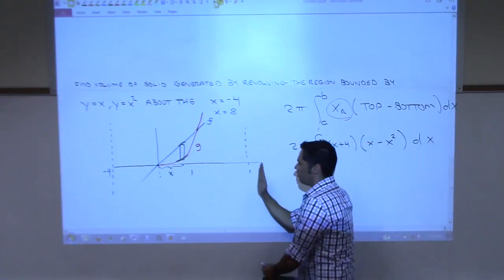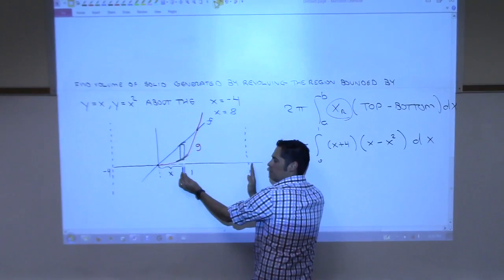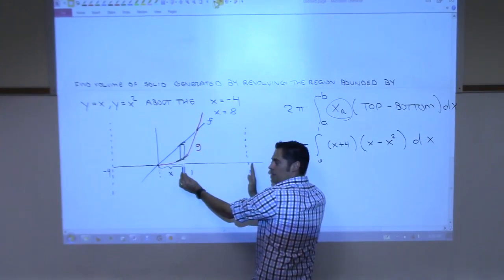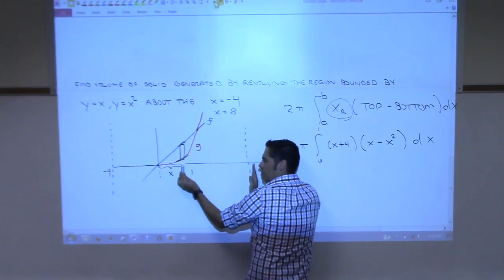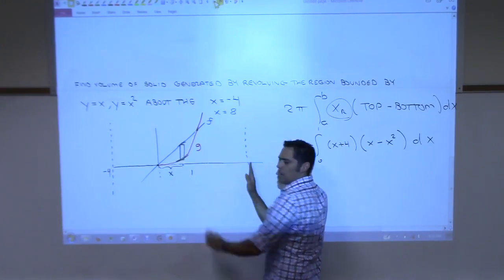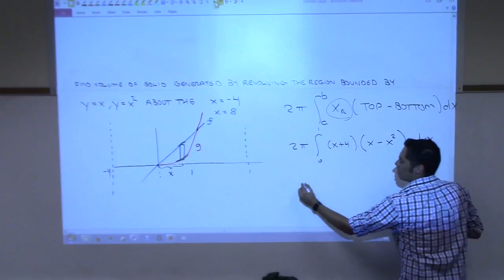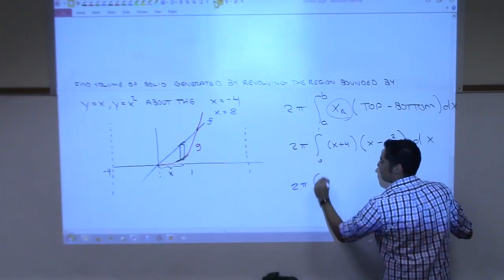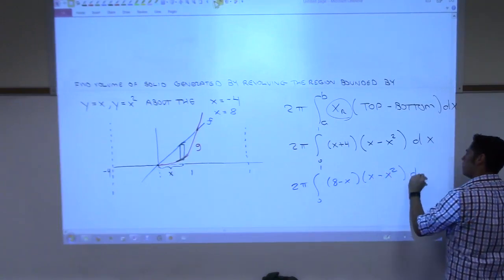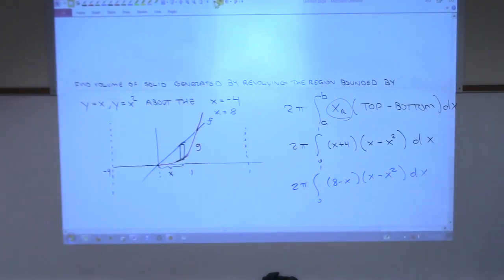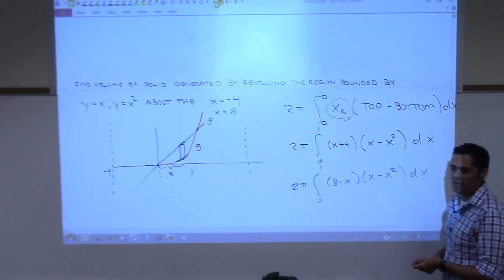So that's the distance from here to here, which isn't x. This is 8, right? Fixed 8. This is x. So from here to here should be 8 minus x. So if I change this, I'm in business. I like shells. Shells is my preference. If I can use it, I'll use it.